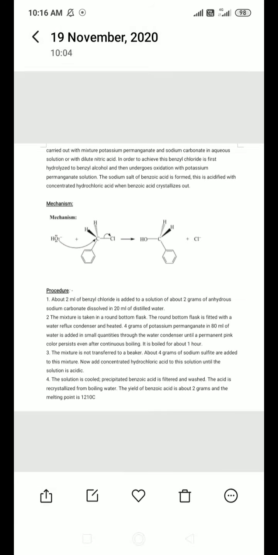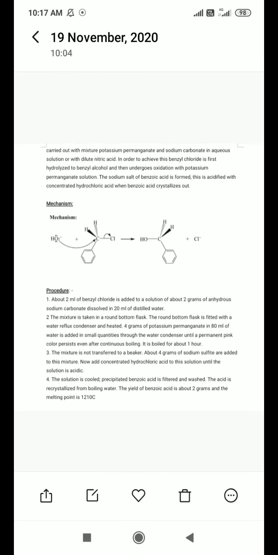To achieve this, benzyl chloride is first hydrolyzed to benzyl alcohol and then undergoes oxidation with potassium permanganate solution. The sodium salt of benzoic acid is formed. This is acidified with concentrated hydrochloric acid, and benzoic acid crystallizes out.